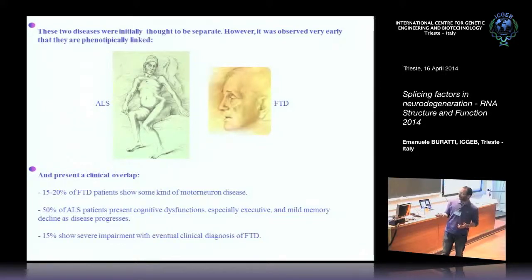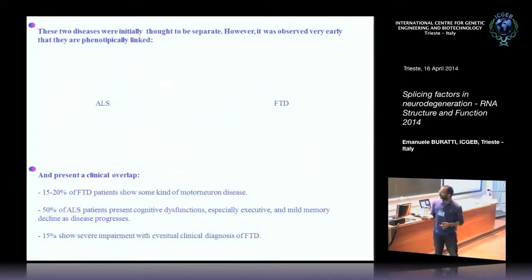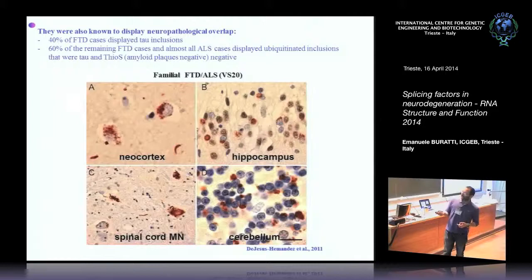Actually, 15% of these 50% of ALS patients could eventually develop a clinical diagnosis of FTD.